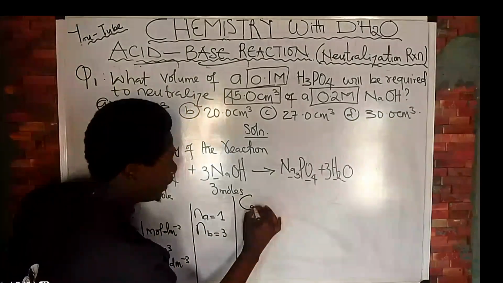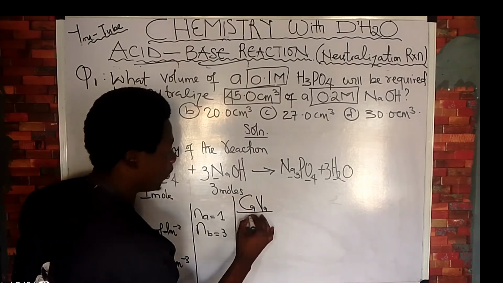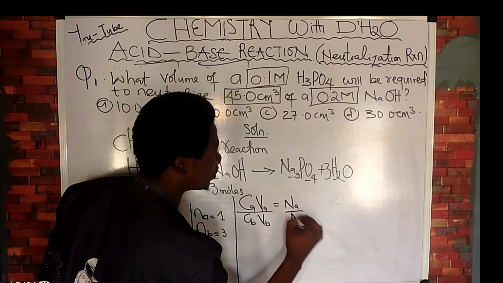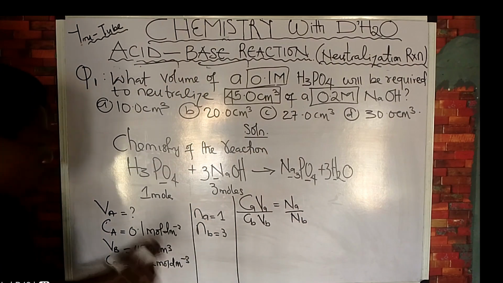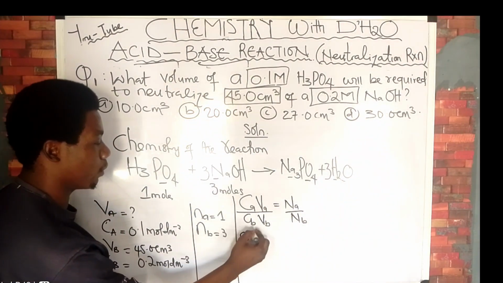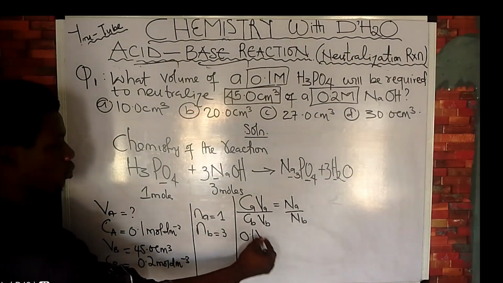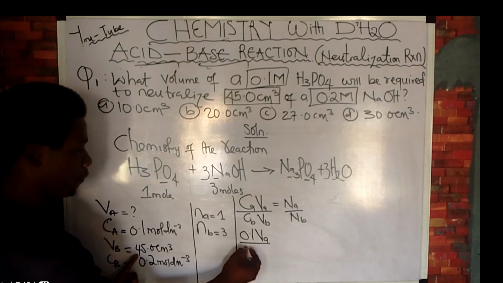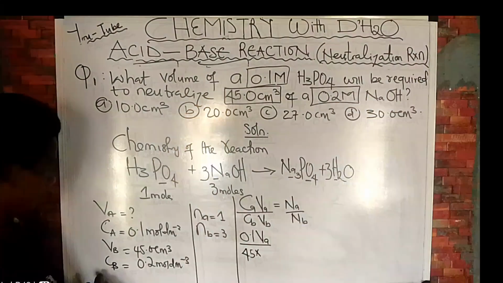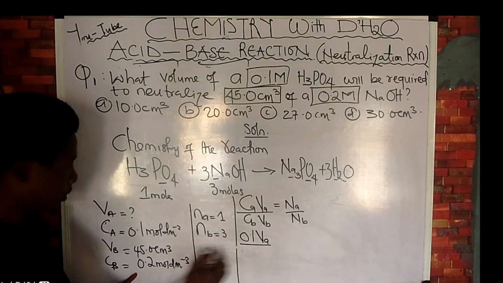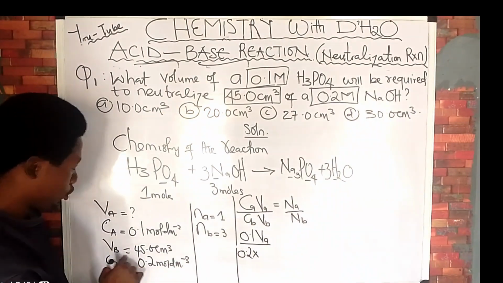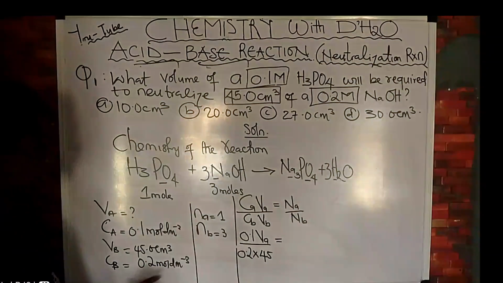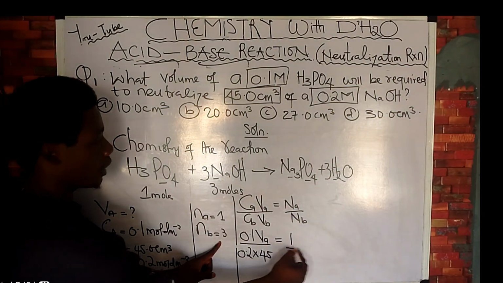So what's our formula? Don't forget, CaVa over CbVb is equal to Na over Nb. So what's Ca? The concentration of the acid, so you have 0.1. What is Va? We don't know, so write Va, all over Cb, which is 0.2, times the volume of the base, 45, equals Na, the number of moles of the acid, 1, over the number of moles of the base, 3.